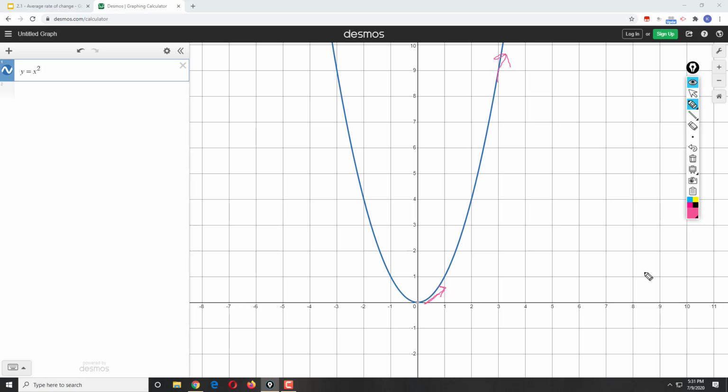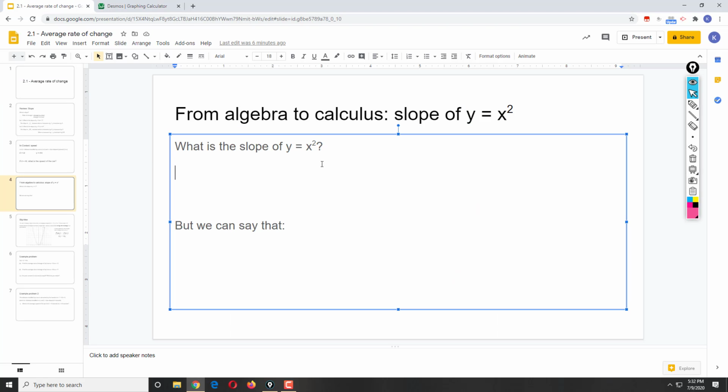So there's no single slope. And in fact, at x equals, say, negative 2, the slope should be negative. It's coming down. That means that the slope changes. There is no single answer. So this is kind of a trick question. What is the slope of y equals x squared? There is no single slope.